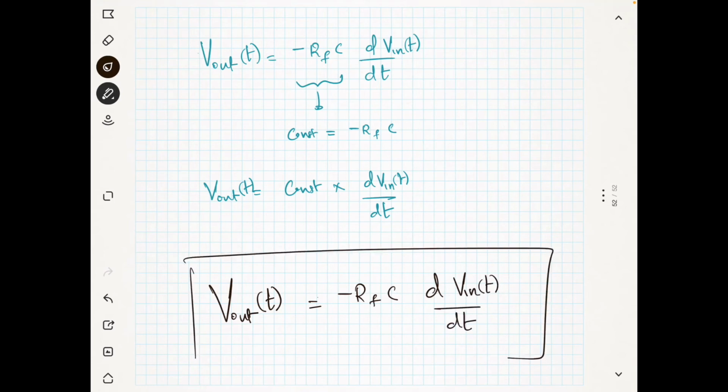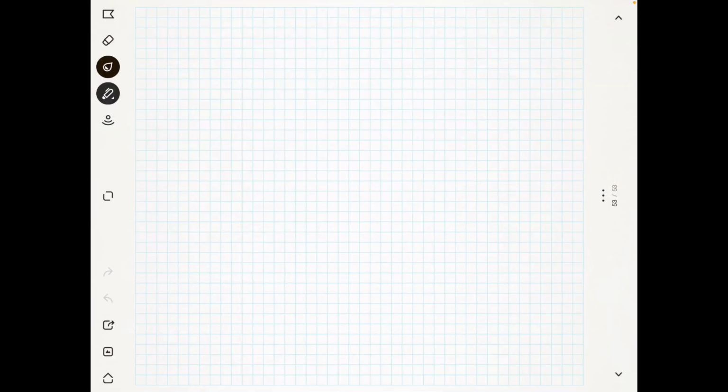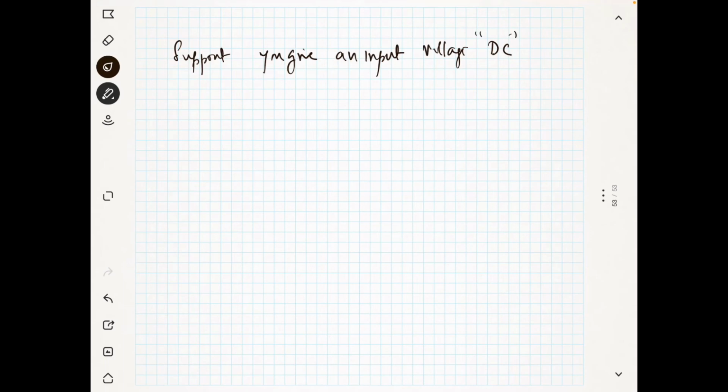So the output is the differential of input. Okay, that's it. Now if you give an input voltage as DC, then what is V out?